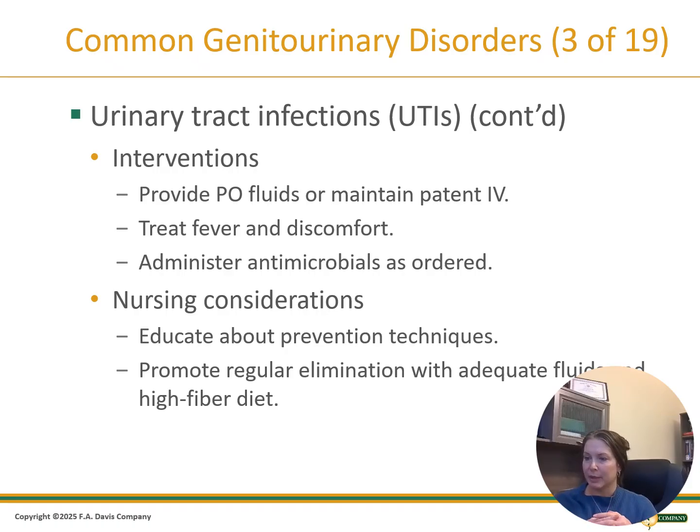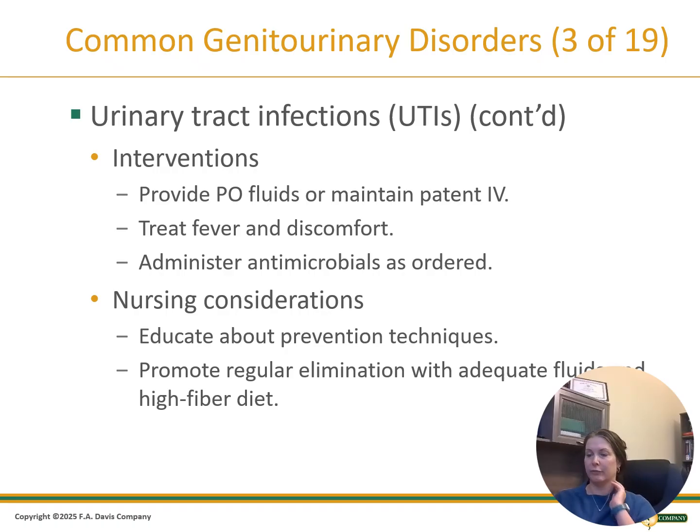So teaching your family about prevention strategies: proper wiping front to back, avoiding bubble baths, wearing cotton underwear, not sitting in wet bathing suits for a long time, and then encourage regular voiding. Sometimes little kids, whenever they are toilet trained, they're outside, they're playing, going off, and they hold it for way too long.